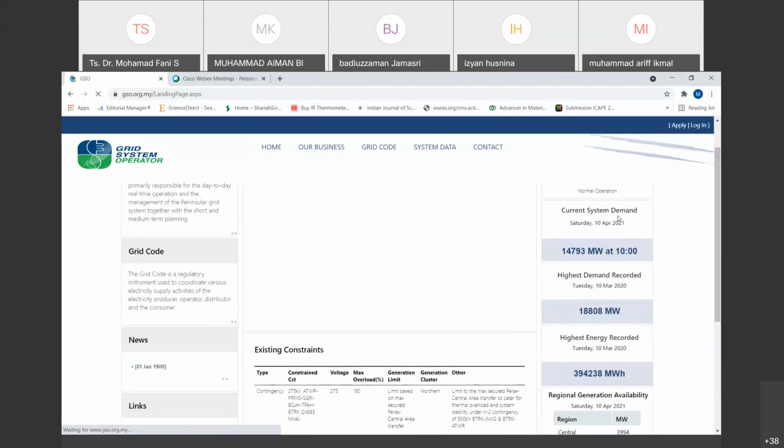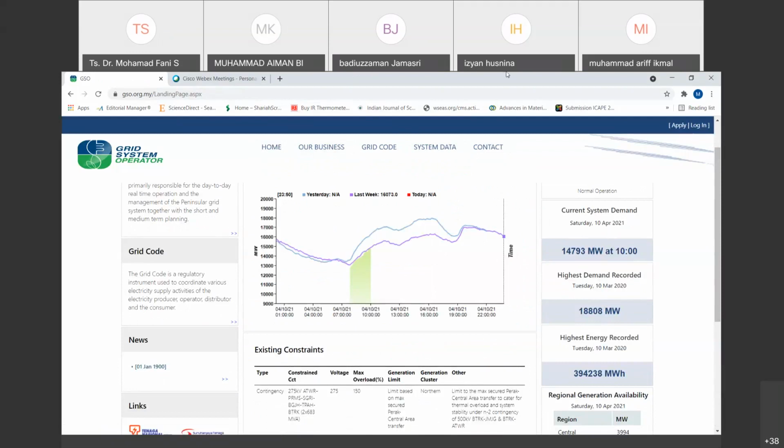This is the current system, Saturday at 10 p.m. Here, the total demand for Peninsular Malaysia right now is about 14,793 megawatts. Okay, this one is the total demand.